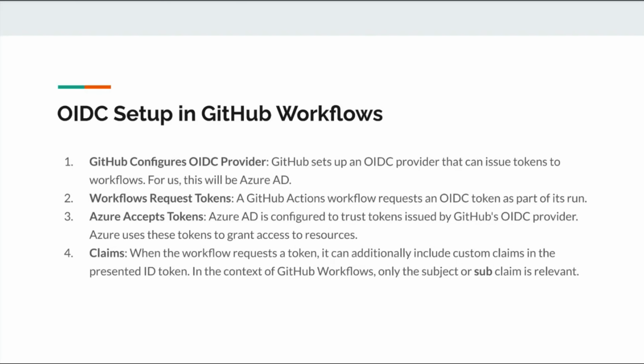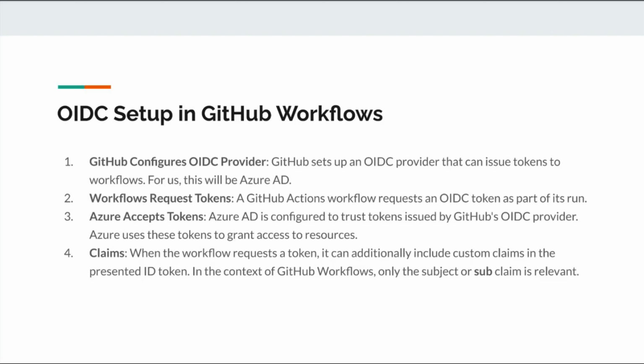So generally, how OIDC is set up in GitHub workflows is as follows. Usually, GitHub configures some kind of OIDC provider which is issuing these tokens. In this case, since we're trying to get access to Azure, it will be Azure AD.